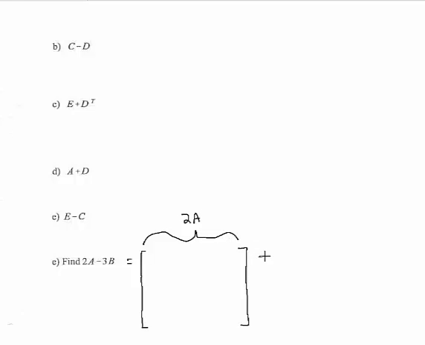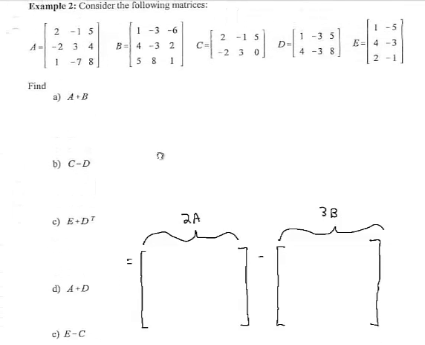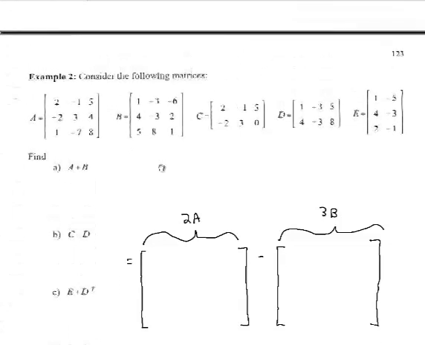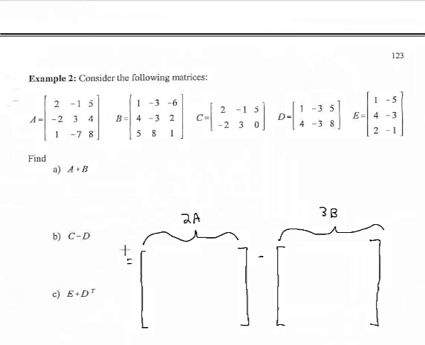And then we'll subtract 3b. I have to move back up here so I can see a and b. For 2a, we simply go through each element of a and multiply it by 2.